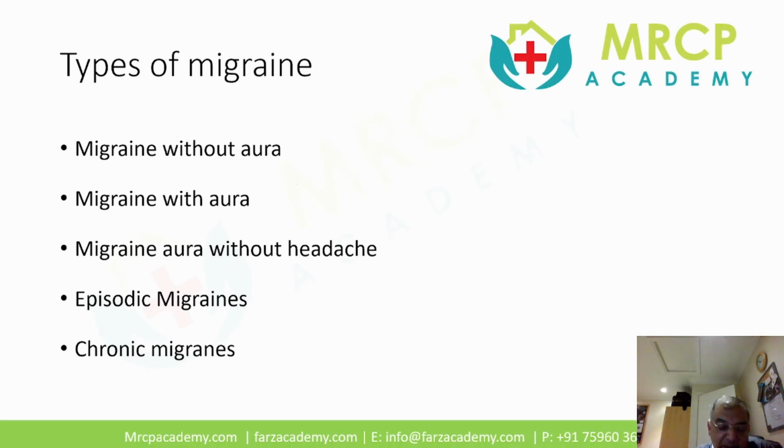Most migraines are migraines without auras, and you can get migraine auras without a headache as well sometimes, especially retinal migraines, where they may present with some vision issues, but there would be no significant headache with these cases.